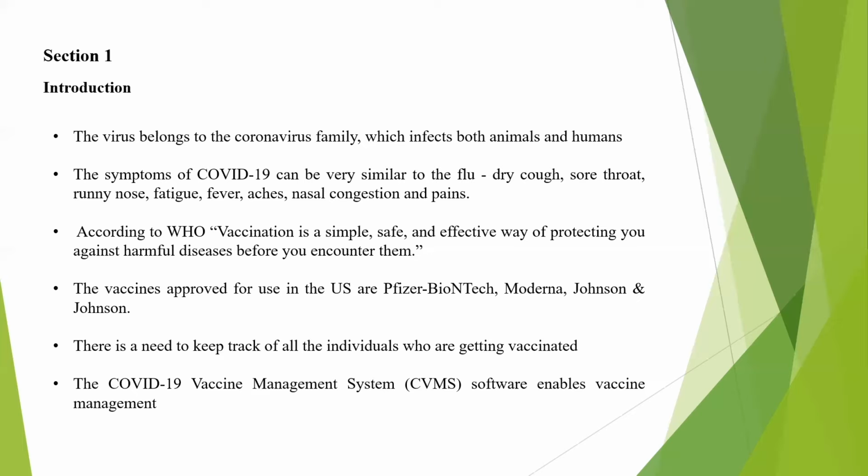And in the US, there are 3 main vaccinations that are approved, namely Pfizer-BioNTech, Moderna, and Johnson & Johnson. So there's a need to keep track of all the individuals who are getting vaccinated with the 3 main COVID-19 vaccinations, which I just mentioned. And in this project, I've tried to achieve that goal mainly.